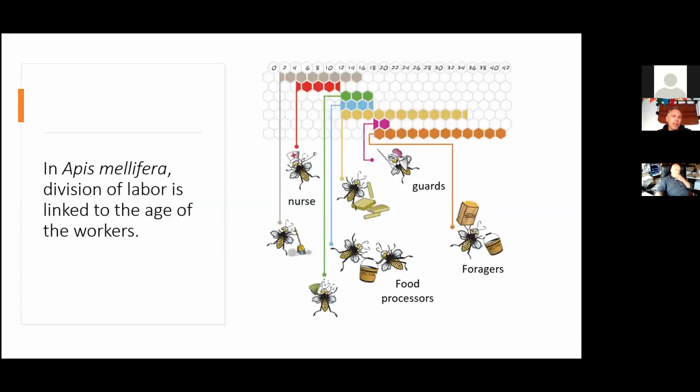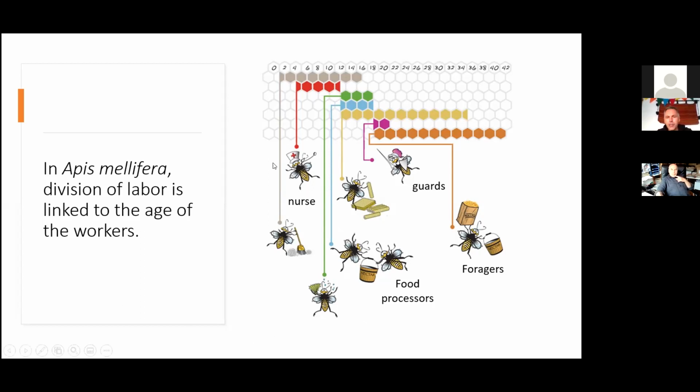In many social insects, division of labor correlates with the age of the worker, and this is the case of the honeybee, in which workers progress from in-hive tasks to tasks outside the hive as they grow older.